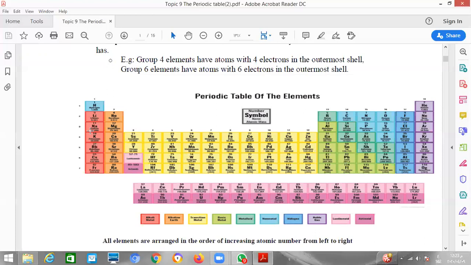We will study this and we will know. What about melting point and density? You have to be aware of this. This is about trends.